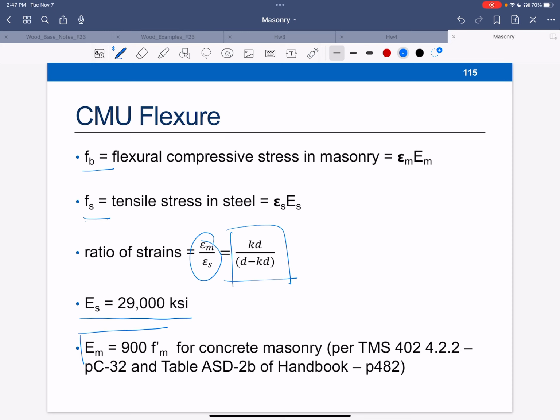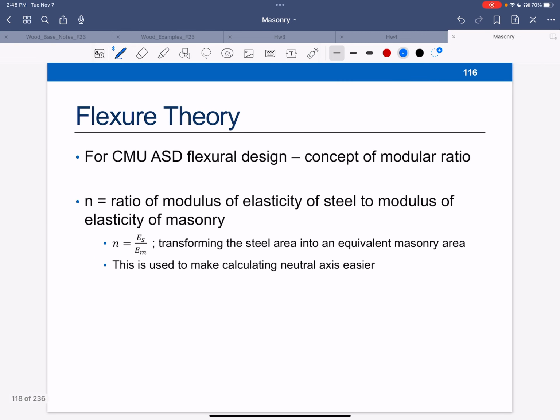The elastic modulus for masonry, remember in ACI we've got a square root and all that. Here we've got a coefficient of 900 times F prime sub m for the compressive strength of the masonry. And the handbook and the code will be where we take a look for that. So again, in the example, that'll make sense.